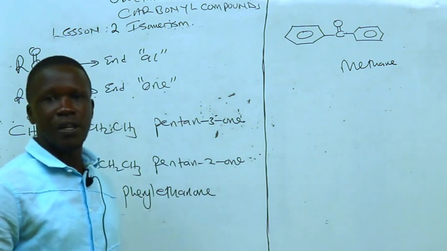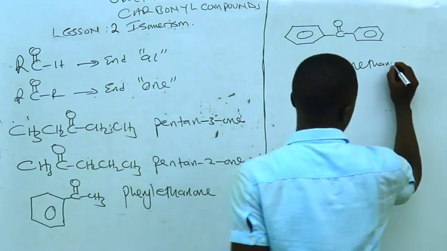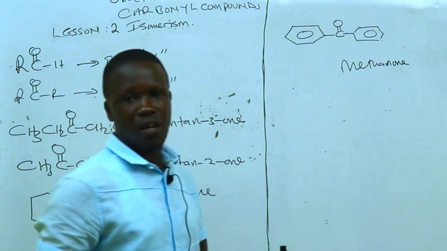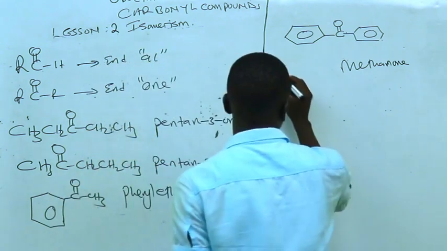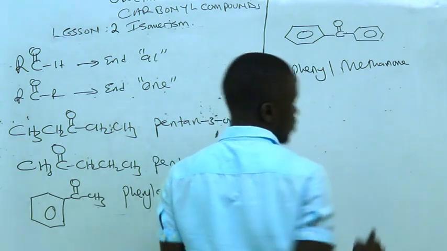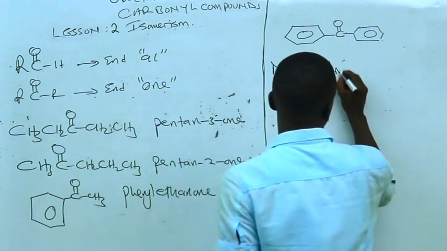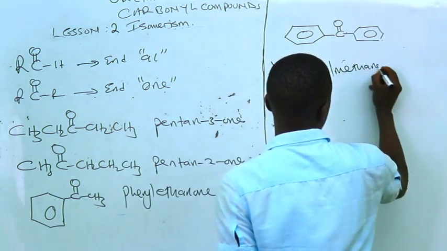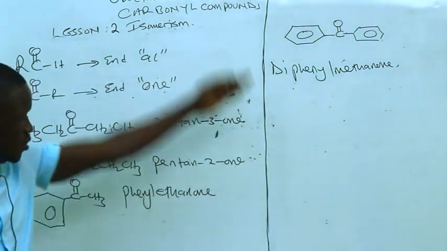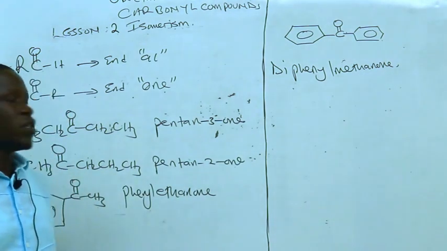But it's a ketone, though with 1 carbon atom, so it is a methanone. But then what about the benzene rings, the 2 alkyl groups? They are called phenyl and they are 2, so we shall call it diphenyl. This is diphenylmethanone.